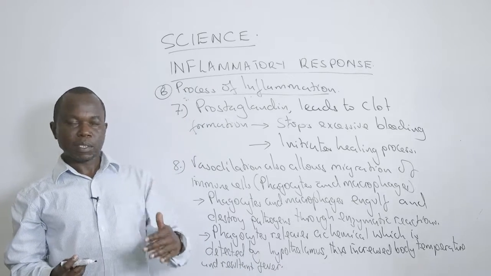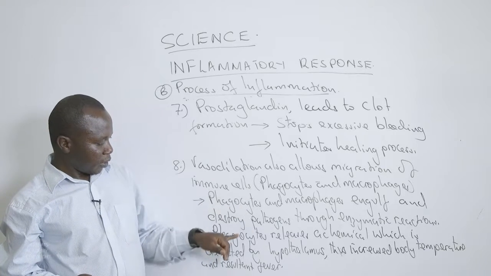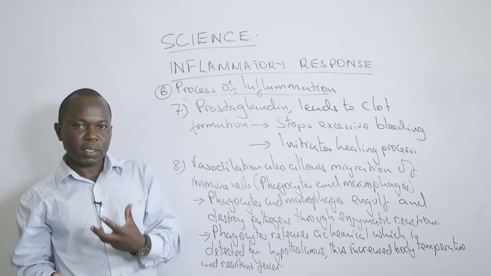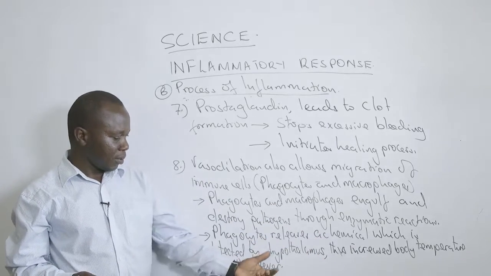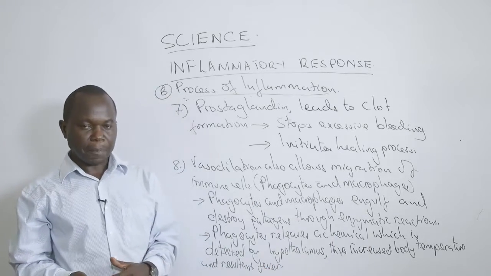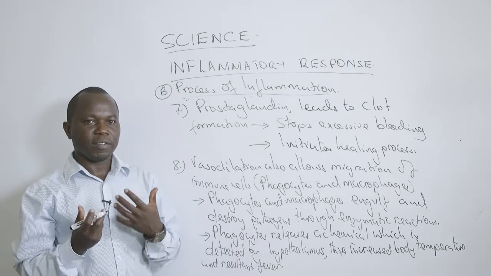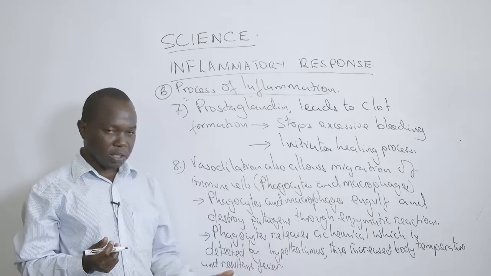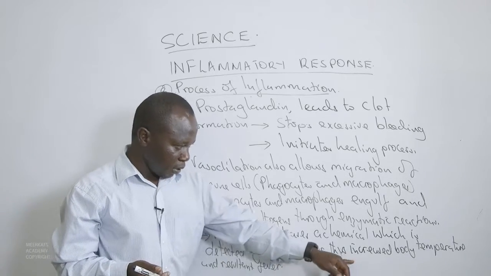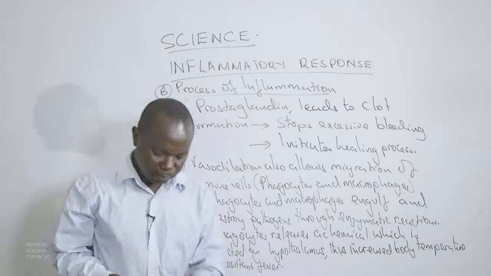So there will be increased body temperature and resultant fever due to phagocytes releasing that chemical in blood, which will be detected by hypothalamus, part of the brain, now causing increase in temperature. So I've said most of the time when somebody is infected by a disease, one of the most common symptoms of most of the diseases is increase in temperature due to that effect.